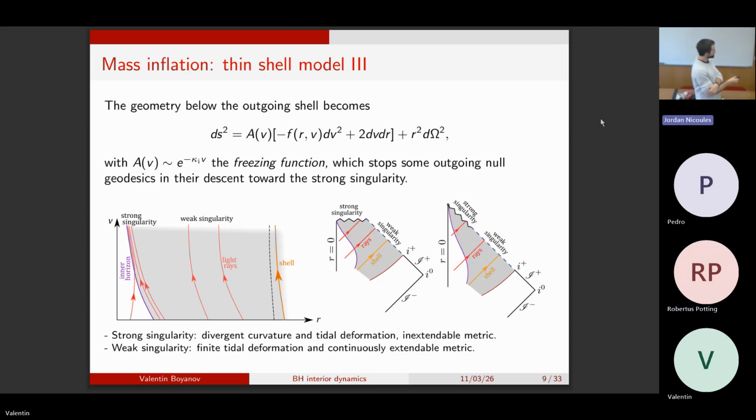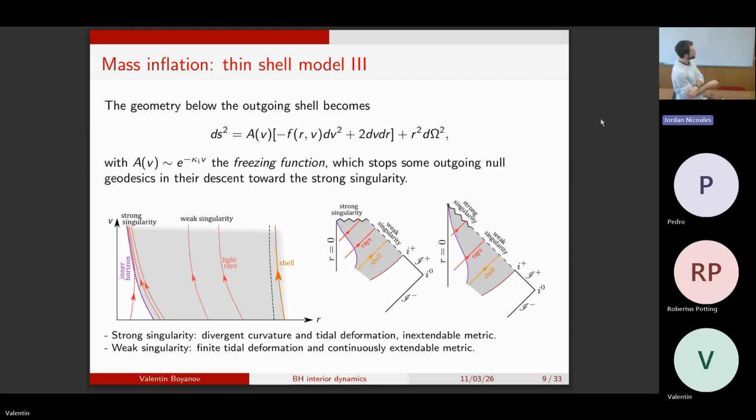And we call it the freezing function because its effect on the geodesics inside the trapped region is such that it freezes outgoing geodesics, and they approach different finite radii asymptotically. So usually outgoing light rays inside the trapped region will tend to fall inwards. But because of this function, they sort of get frozen and approach a finite radius instead, somewhere just in the middle of the trapped region.